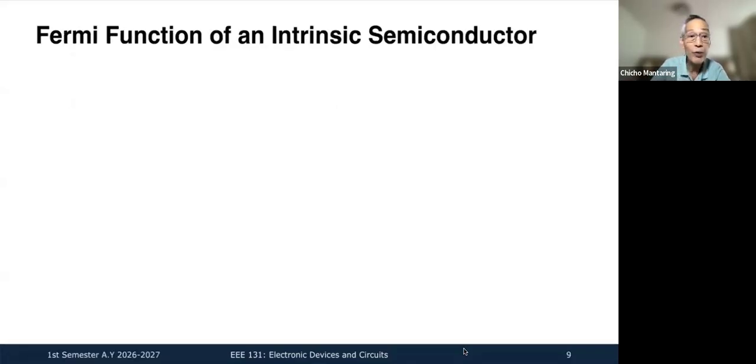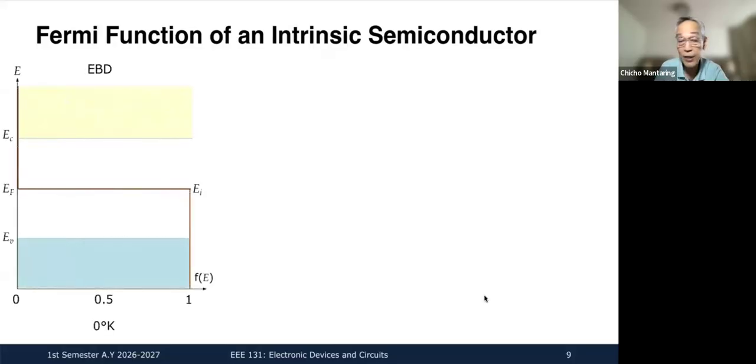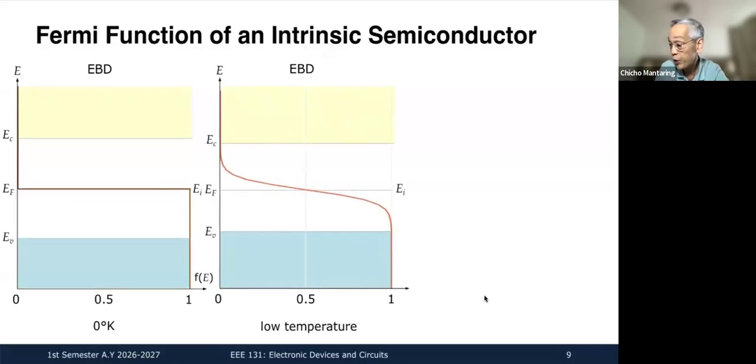Okay, let me go back to the intrinsic semiconductor. So this is just a summary of what I already mentioned. This is at 0 degrees Kelvin. This is at low temperature. So here, all valence bonds are intact. Probability of occupancy is 1. Here, all valence bonds are still intact. Probability of occupancy is still 1.